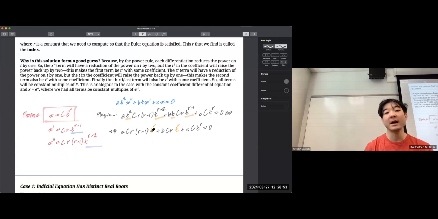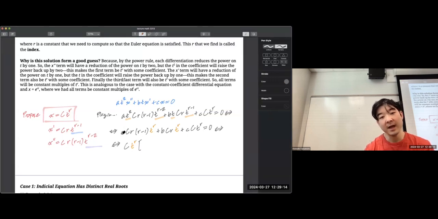And that was the point, was now all these terms have t to the r in them. So you can actually factor that out, and you can also factor out the capital C. You have the t to the r that's common across all of them. And then what are you left with?